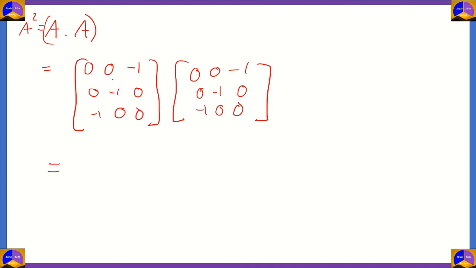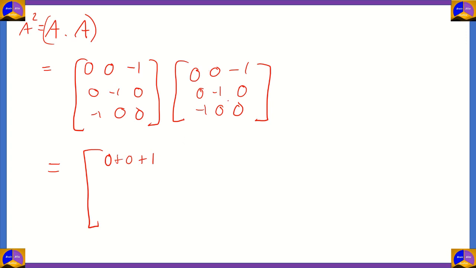So first things first, you take the first row of the first matrix and the first column of the second matrix. So 0 times 0 is 0, 0 times 0 is 0, -1 times -1 is +1. This is our first term of the combined matrix.